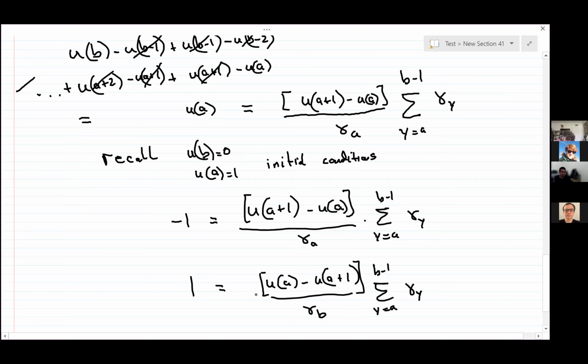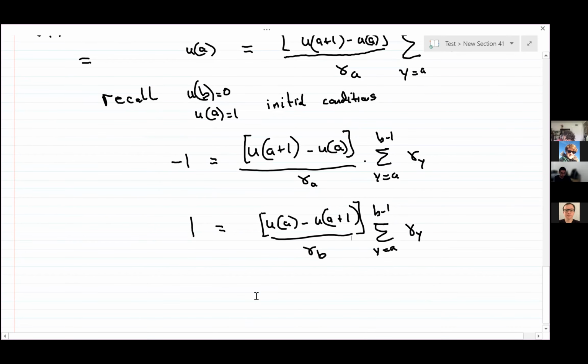So, okay. And from here, what they do next is just solve for this portion of it.